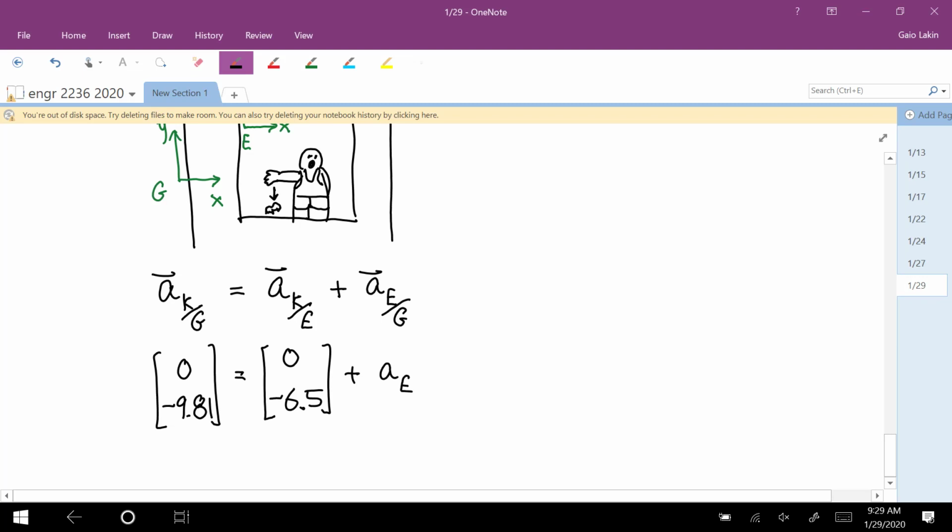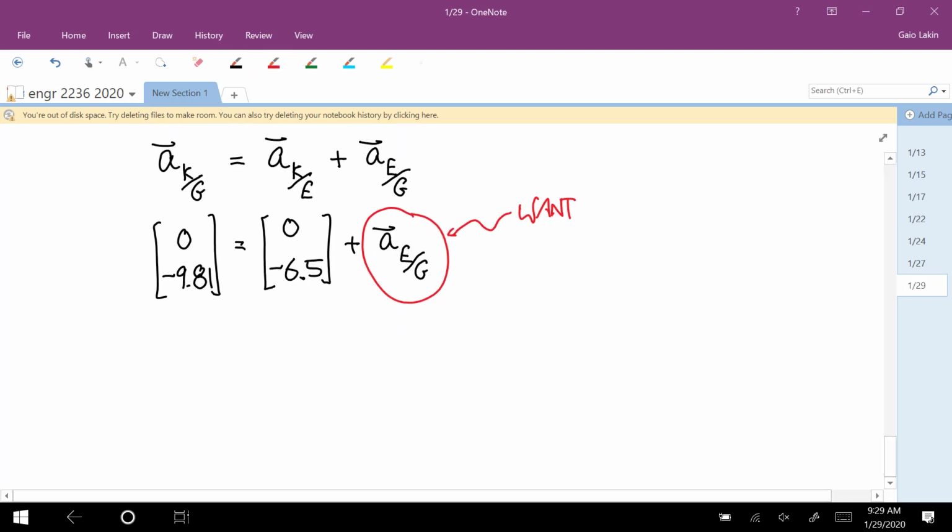Plus the acceleration of the elevator relative to the ground. This is the one that we want. And now add 0, positive 6.5 to both sides, and you get that 0, negative 3.41 meters per second squared is equal to the acceleration of the elevator according to the ground. So that's the acceleration of the elevator.